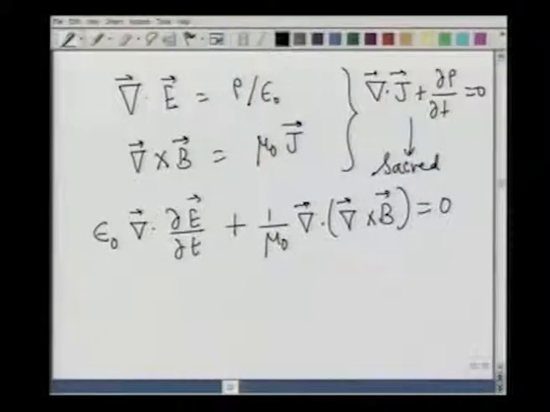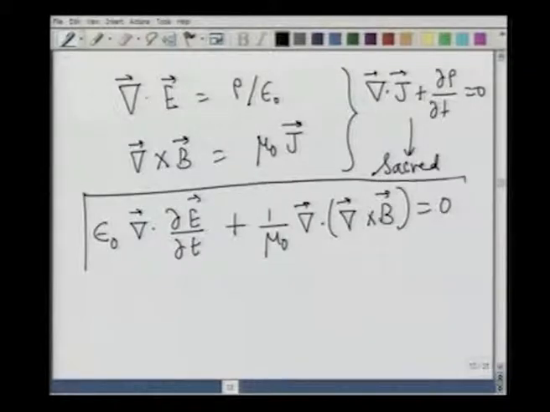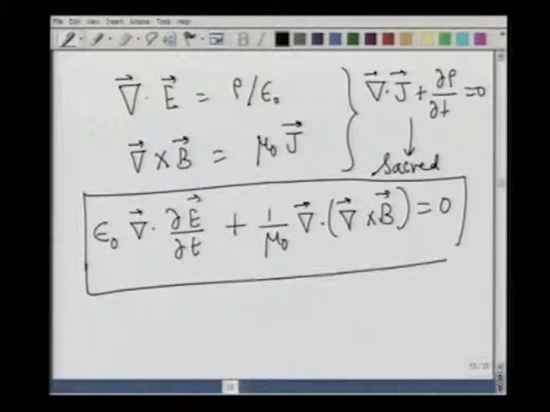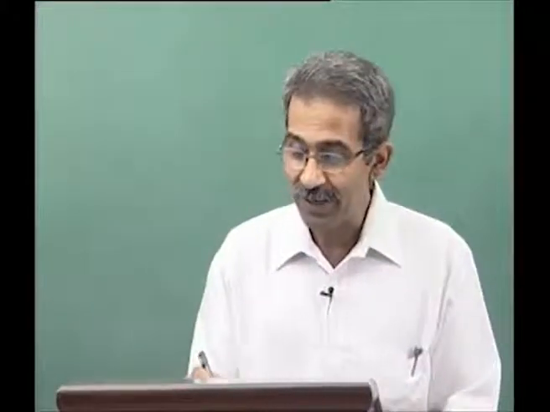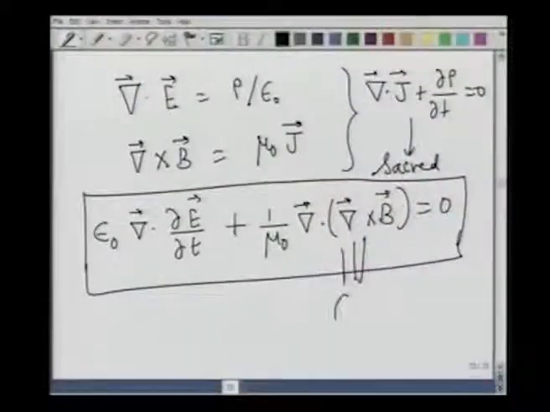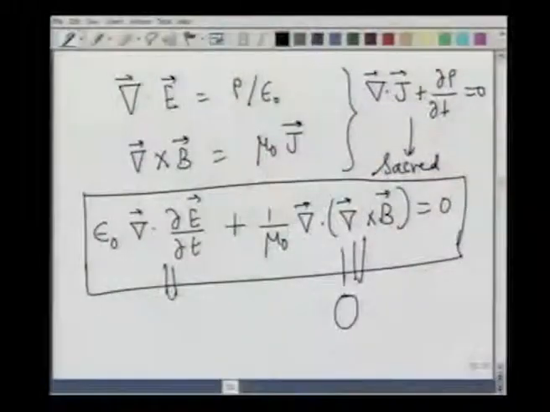So, Gauss's law plus Ampere's law plus the continuity equation implies this equation. And you see trouble brewing in this expression, because this expression is identically equal to 0. Divergence of a curl is equal to 0. Curl of a gradient is equal to 0. That is what we have been saying. Therefore, this implies ∂E/∂t equal to 0.